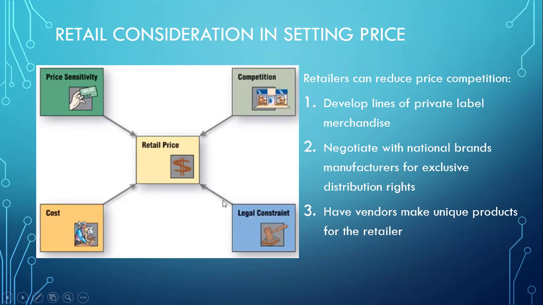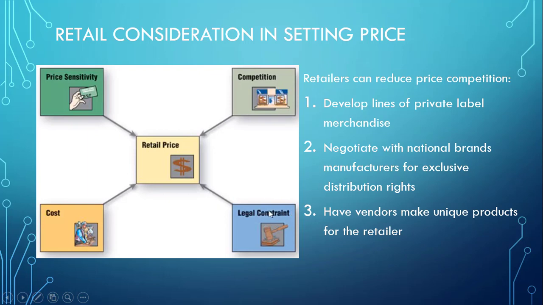Legal constraints. Sometimes the government will set a certain rule and constraints on your price. For instance, when you purchase alcoholic beverages, because of tax issues, there are legal constraints. Of course, tax is related with legal, and this might affect the cost that you will be incurring, so it will affect your price.